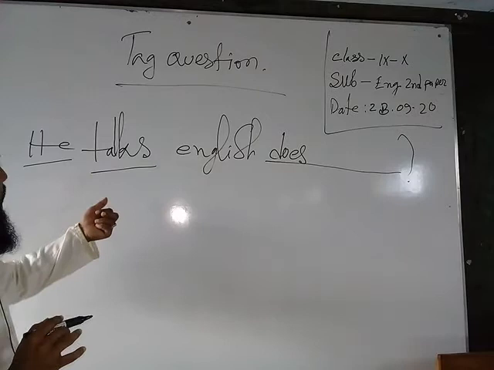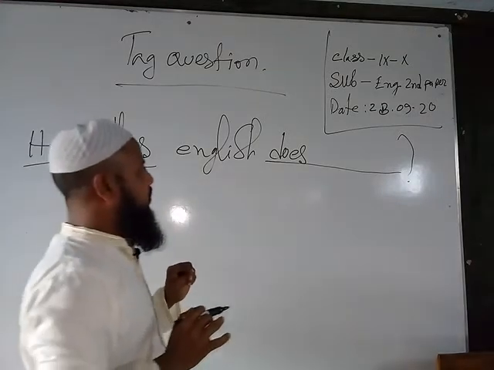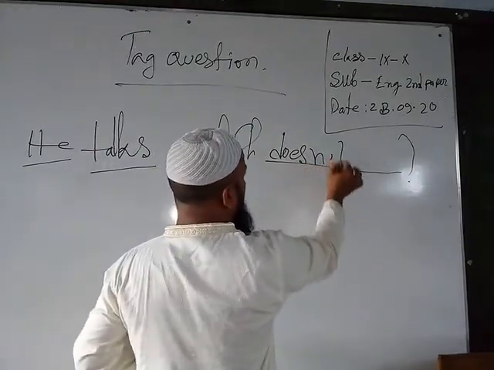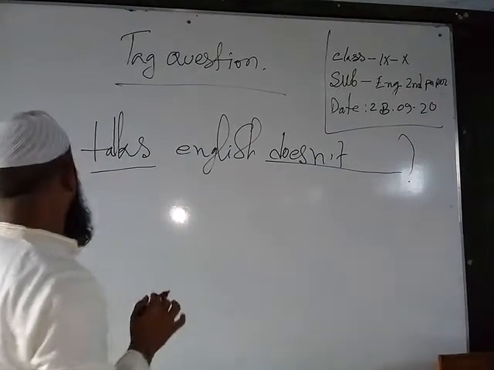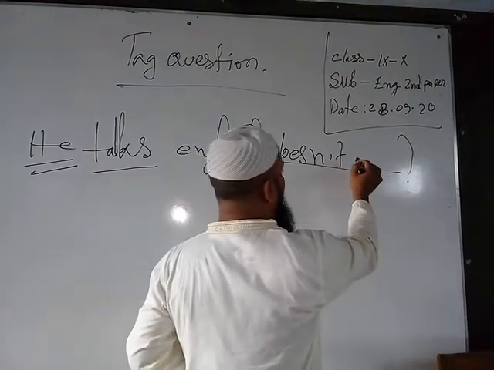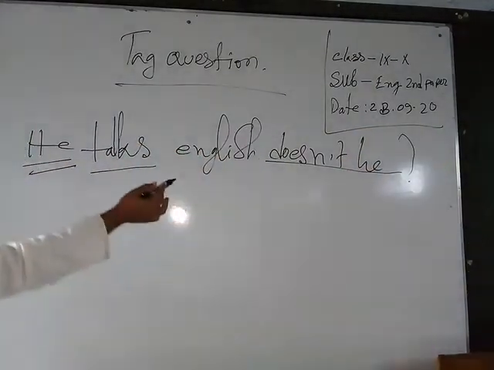Then if it is an assertive sentence or affirmative sentence, we use not, and if the subject is a pronoun, we use this pronoun directly. That means the answer is doesn't he.